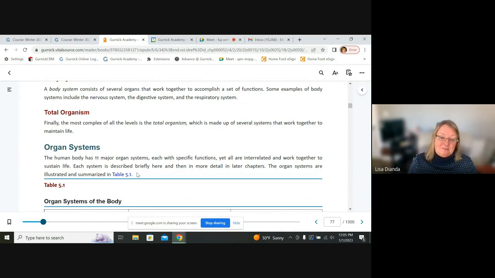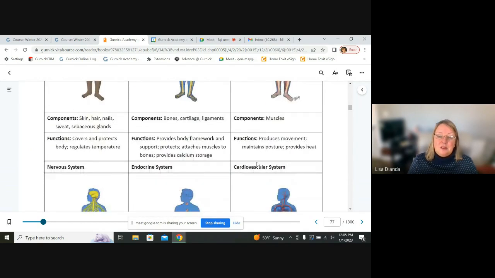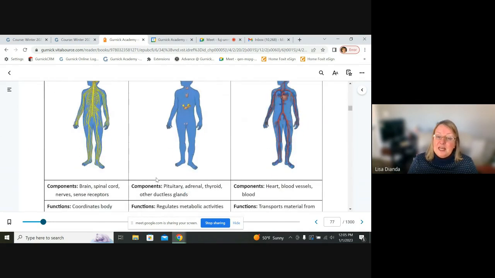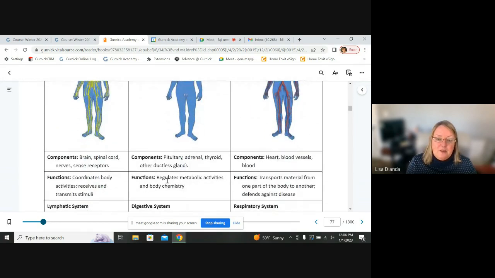and working together. Okay. And here is a great little diagram to get you thinking about the different body systems, right? What are the main components of that system? What are the main functions of that system? Fascinating, interesting. Much of this will be very familiar to you. Some of these won't be as familiar, so highlight them. If you've never really thought about the endocrine system before, then highlight some of it.